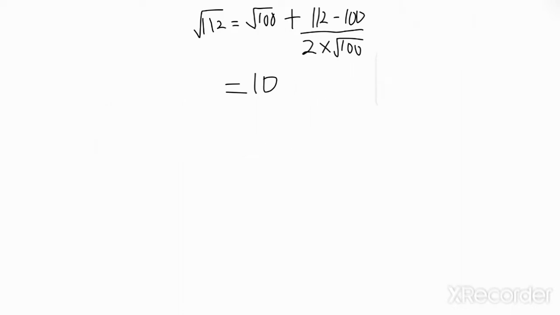Now let's see something on a decimal number, maybe root 37.5. Then just think again, what's the closest perfect square to 37.5? That's 36. Wonderful.